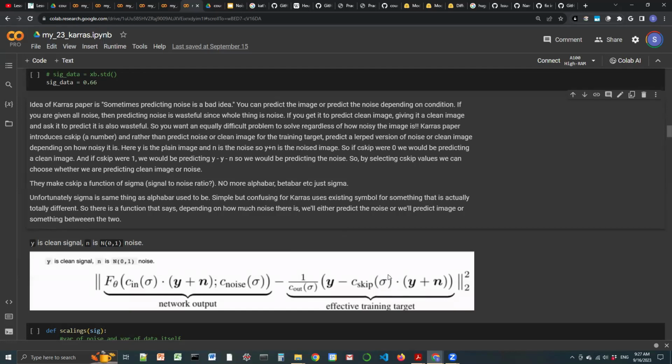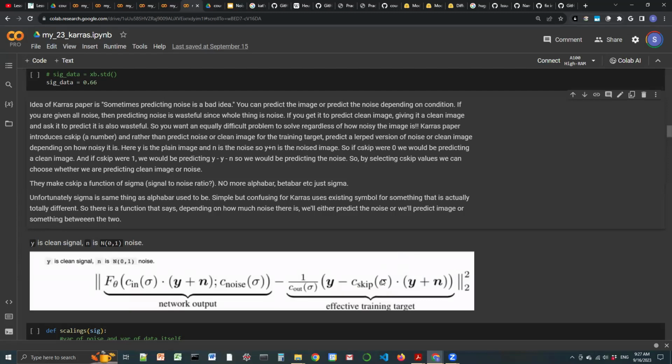We just have sigma. It's kind of unfortunate. It's yet another variation, like when we went from DDPM to DDIM. DDPM used alpha bar, and then DDIM came along and used alpha, but that alpha in turn referred to alpha bar of the original paper. Similarly, this paper is using sigma, which is unfortunately already used in DDPM and DDIM.